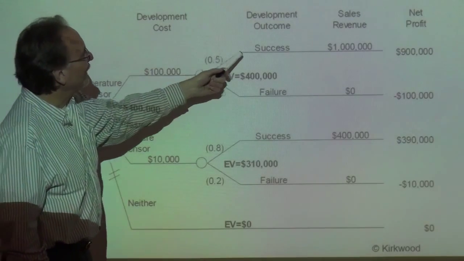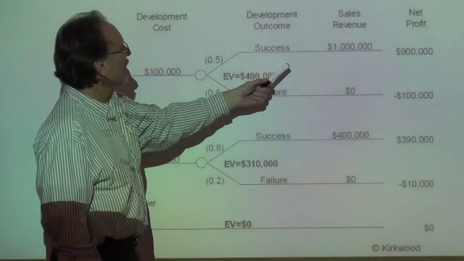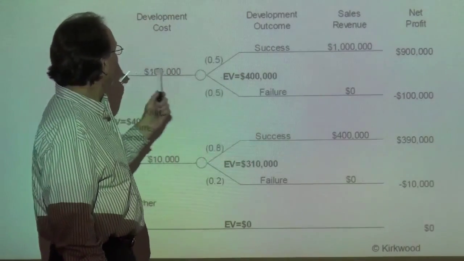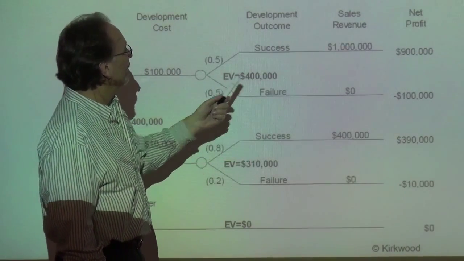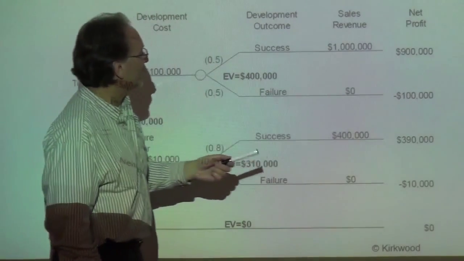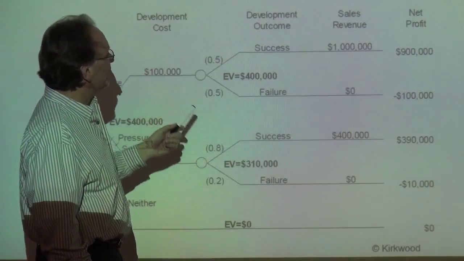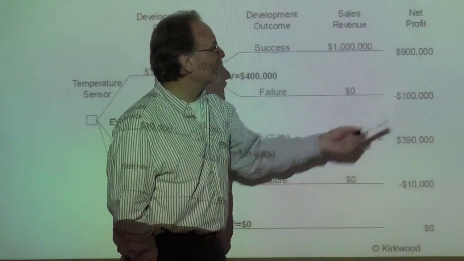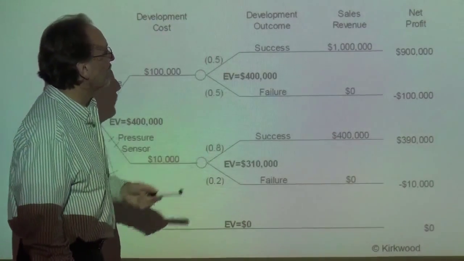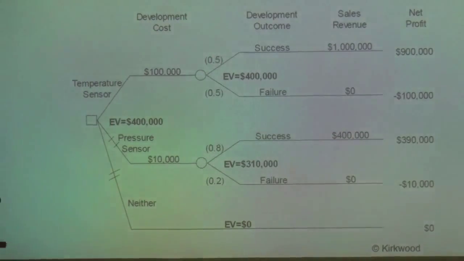If we succeed, with sales revenue of $1 million and $100,000 cost, our net profit is going to be 900,000, and if we fail, we lose 100,000. Expected value is 400,000. Same approach: 0.5 times 900,000 plus 0.5 times negative 100,000.